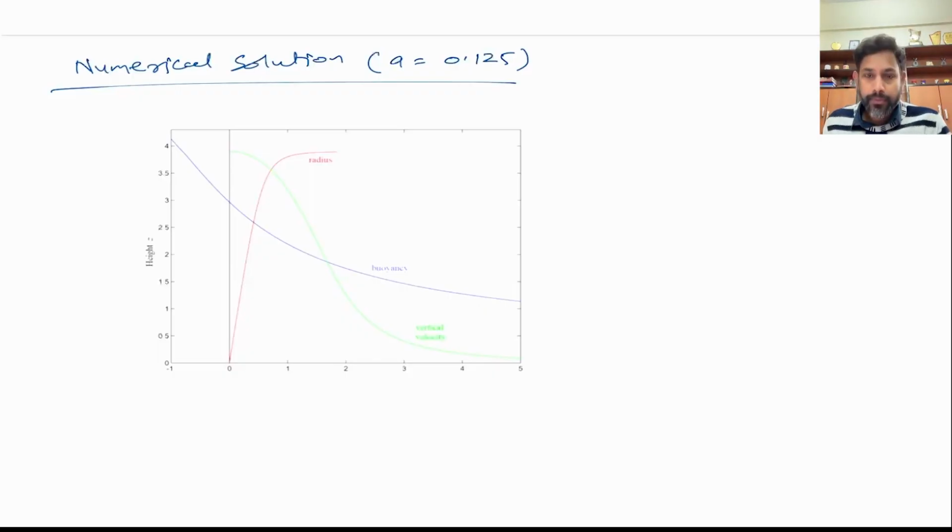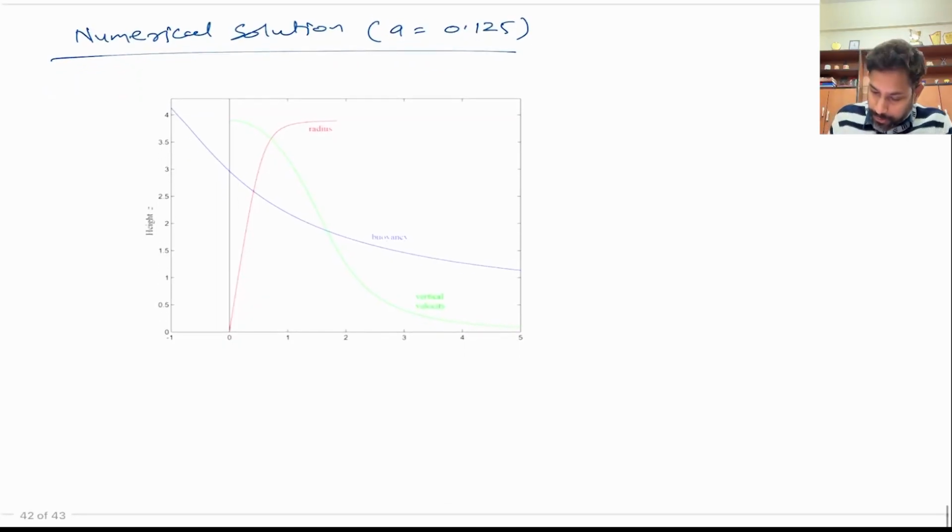Okay, and what do you see here? This particular plot shows you different parameters. So the red one here is R hat, that is the dimensionless radius. This buoyancy that you see is actually G hat. It is written as buoyancy, which is an equivalent term, but this is particularly G hat.